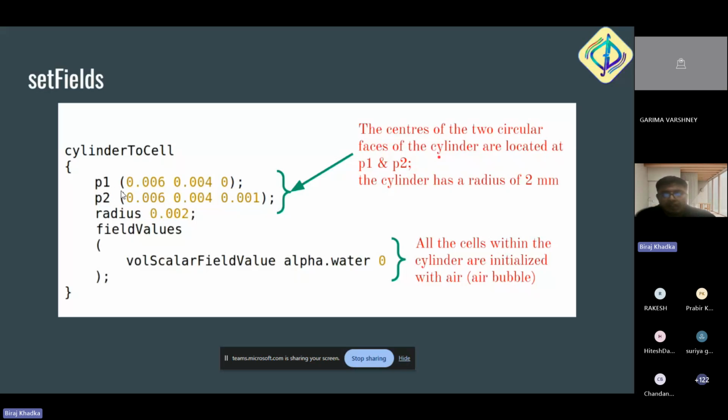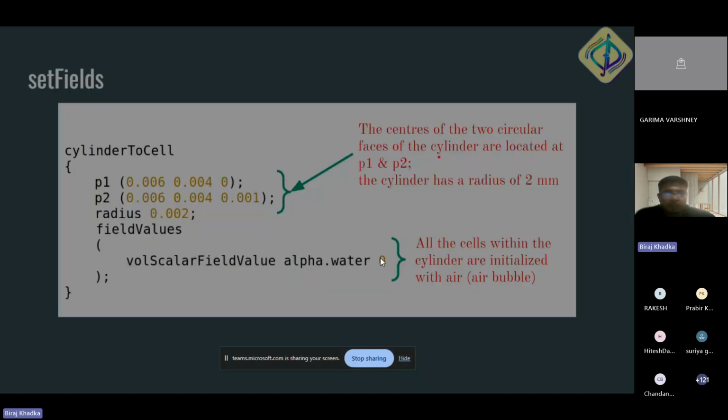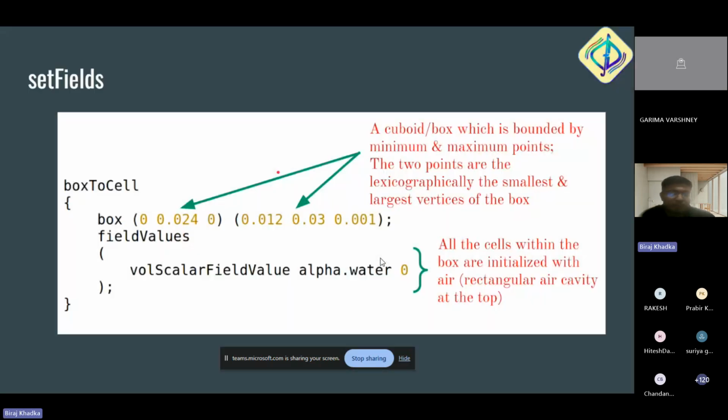In this case, the radius of a 2 millimeter bubble is defined, and the cells within this region will be initialized with alpha.water as 0. That means 1 minus alpha, 1 minus 0 equals 1, so the volume fraction of air will be 1. Similarly, to define the box, you need to define it as boxToCell.